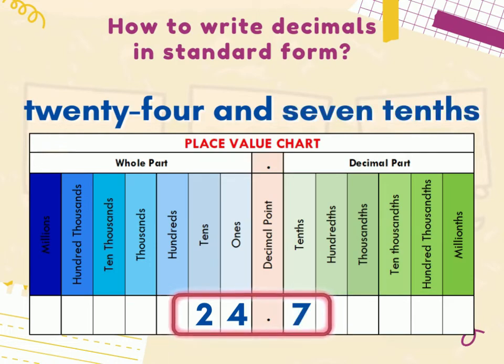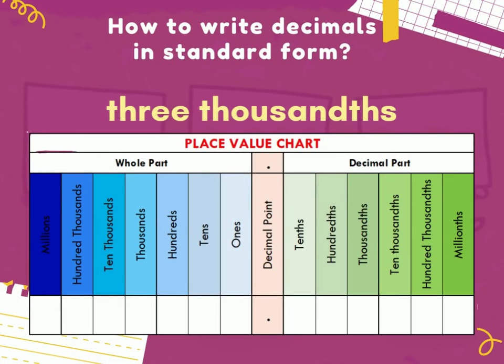Let us have another example. 3 thousandths. If you have noticed, there is no "and" in the given, meaning there is no whole number, so we write 0 on the left of the decimal point. The thousandths place here means that there are 3 decimal places, meaning there must be 3 digits in the decimal part.